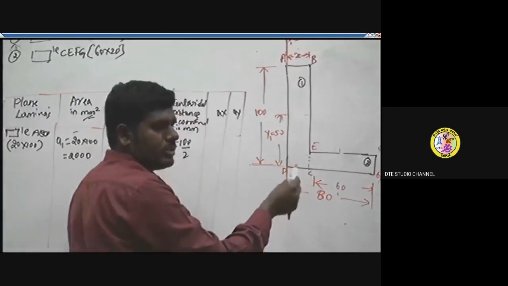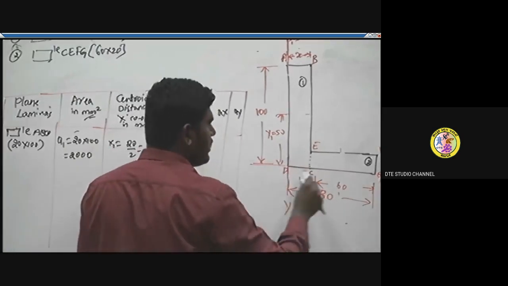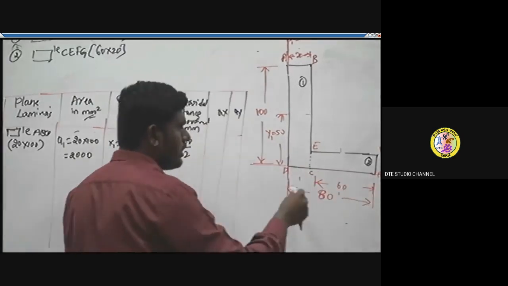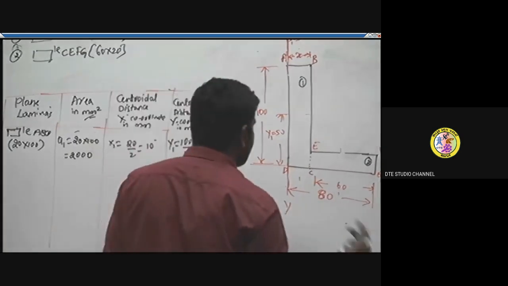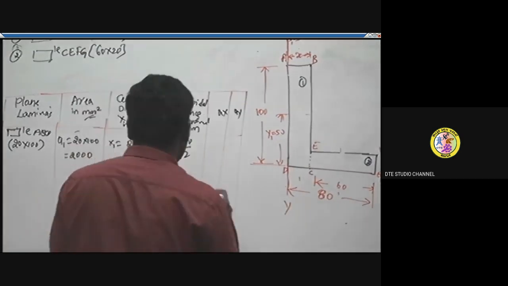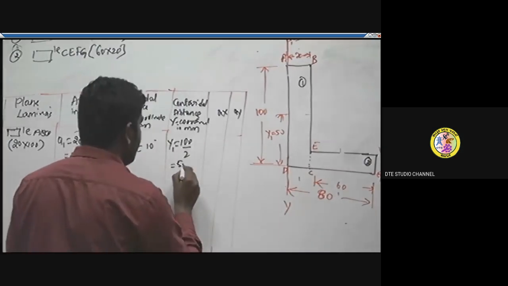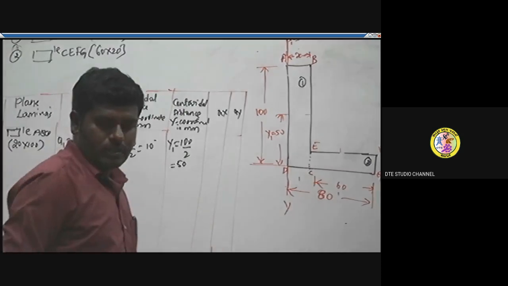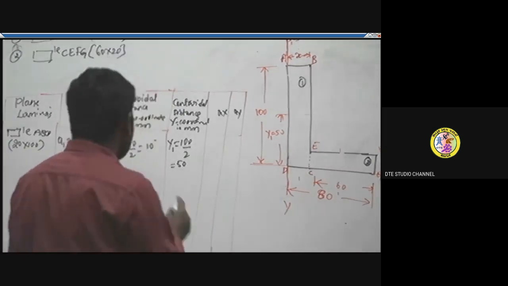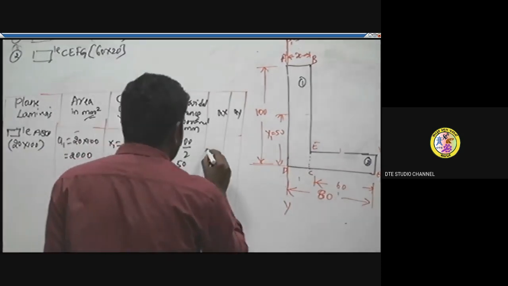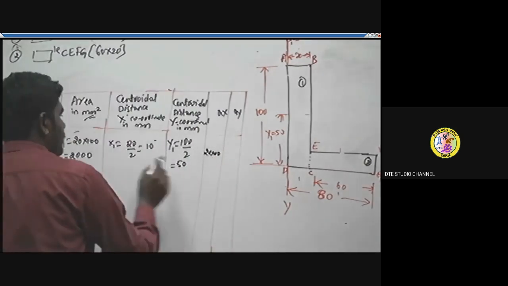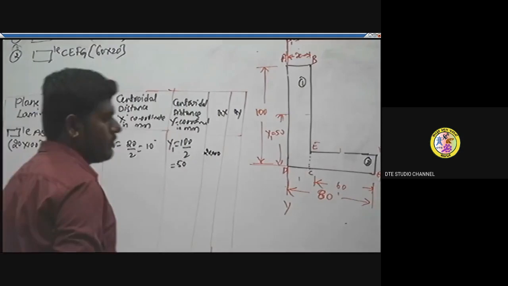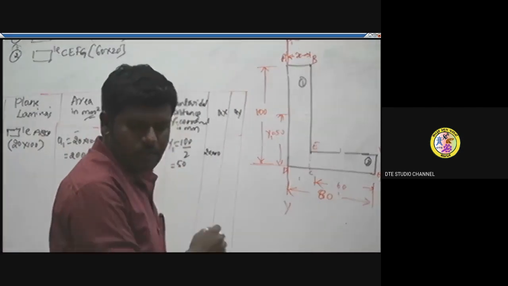You can also do this by considering from the other side, whatever method you follow, and the geometrical units will change for the second rectangle lamina. So 100 by 2 is 50. Now multiply A1 into X1, that is 2,000 into 10, which is 20,000. I'll write this value. Similarly, A1 into Y1, that is 2,000 into 50, we get 1 lakh.